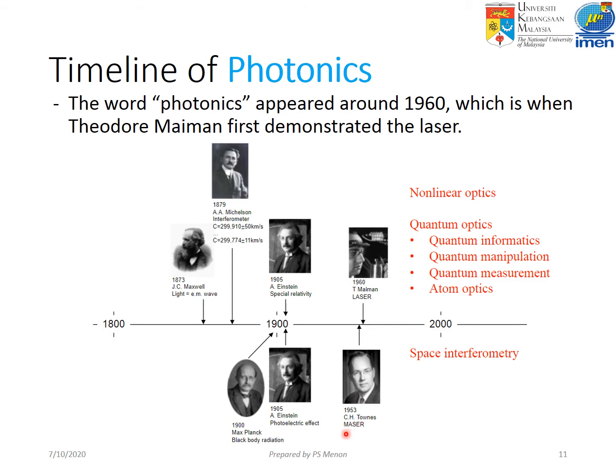Maser is microwave amplification, where M stands for microwave, and L is light amplification. Prior to that we have Einstein, 1905, who came out with special relativity and the photoelectric effect, and Max Planck, black body radiation. Moving on from 2000 onwards, the emphasis is on nonlinear optics, quantum optics, and also space interferometry.